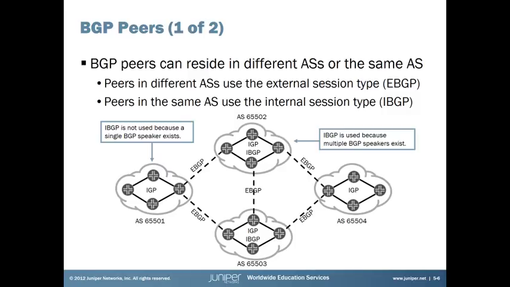So the question is, if they're not directly connected, how can they create a peer? Well, in BGP, there's nothing unusual about IGP peering arrangements occurring between routers that are not directly connected. In that case, we're relying on the IGP running within that autonomous system to provide the connectivity between those BGP peers that are not directly connected to each other.